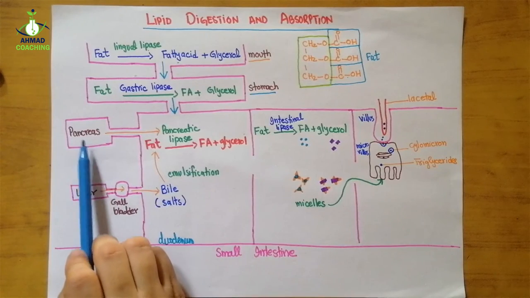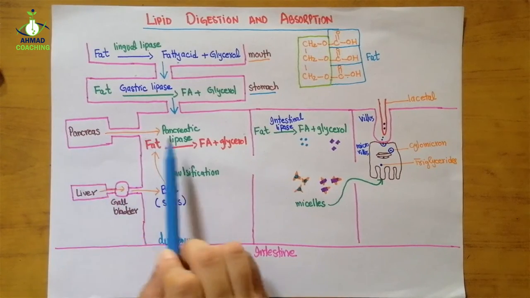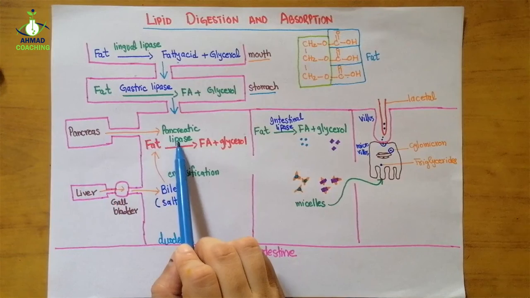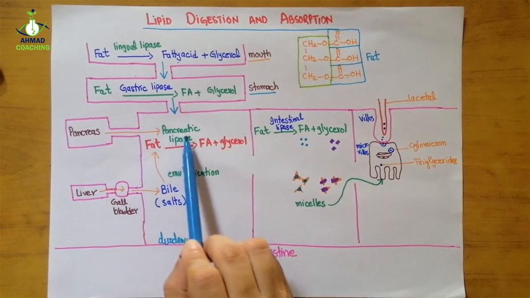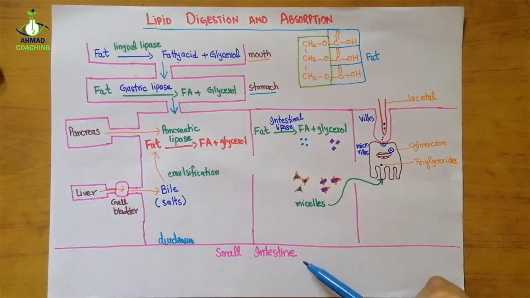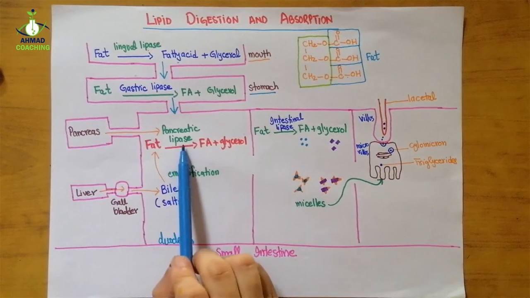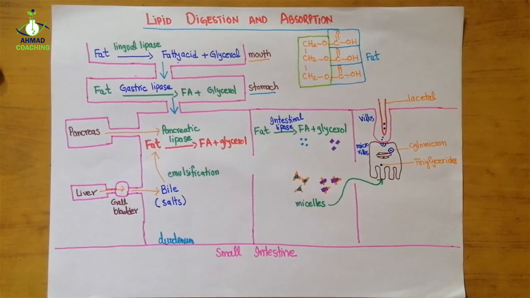From the pancreas, pancreatic lipase will enter into the duodenum part of the small intestine. The lipase, we know, is going to digest fat or lipid.